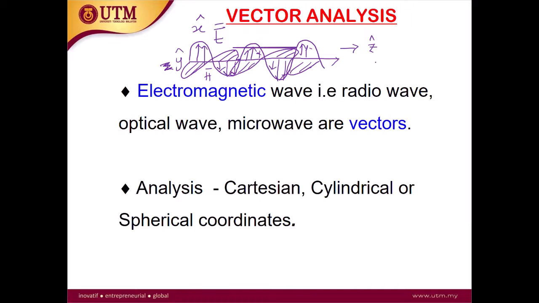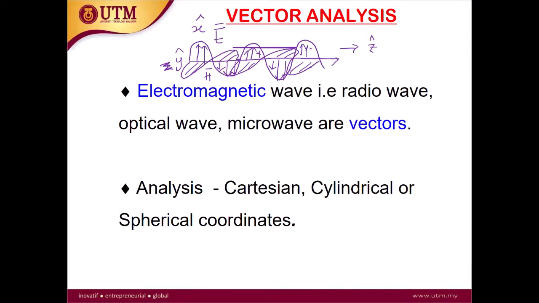So this is an example of vector components. It has magnitude and it has direction. For the time being, you will learn about the E field first, then the second part is the H field, and the third part is the electromagnetic field, where it combines both the E field and H field.